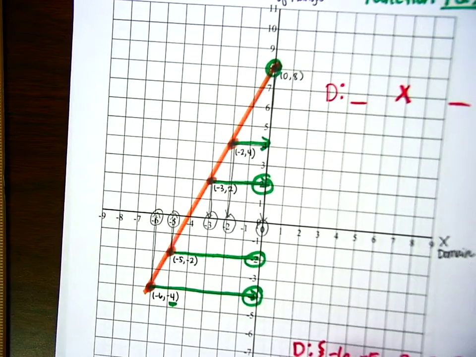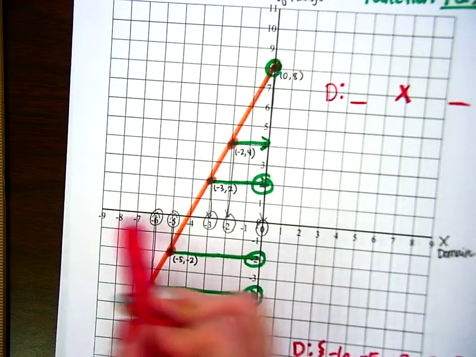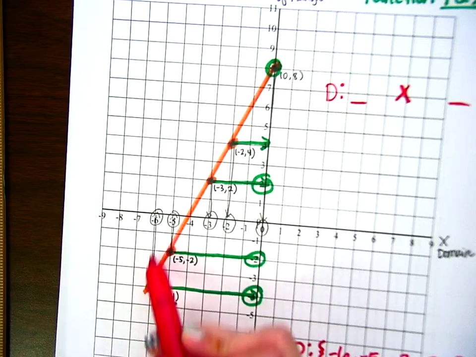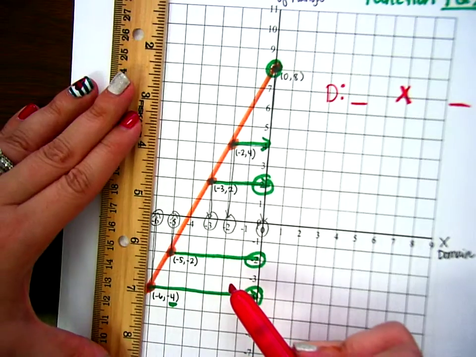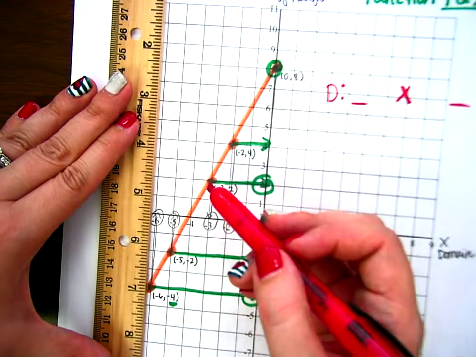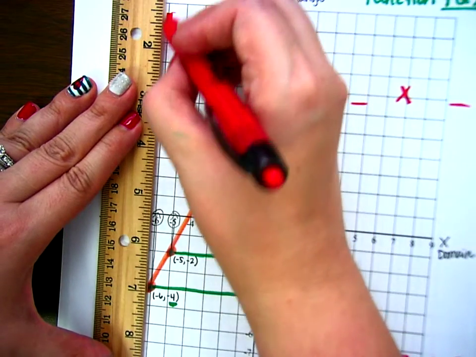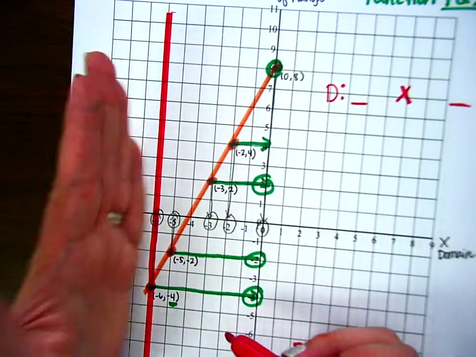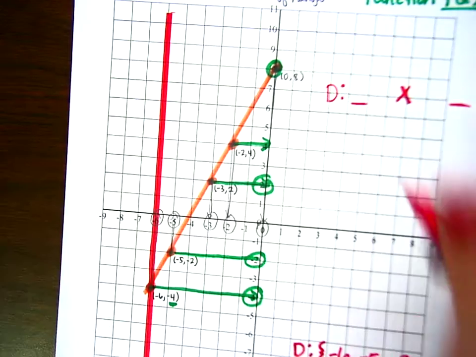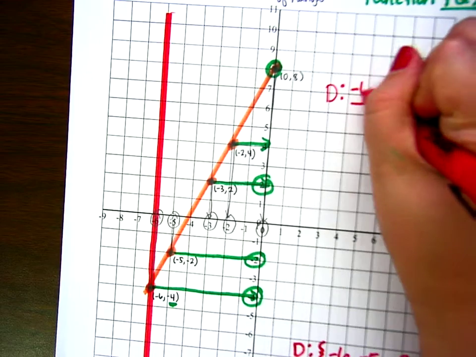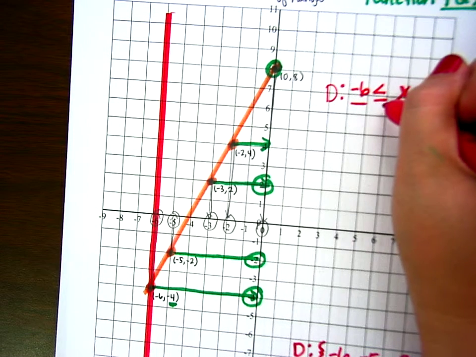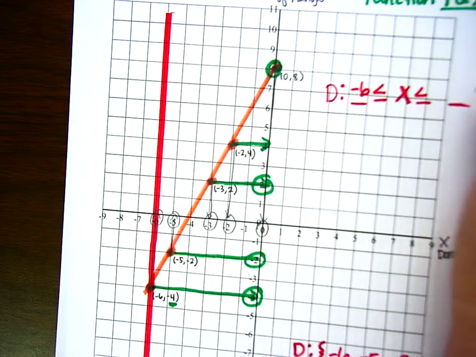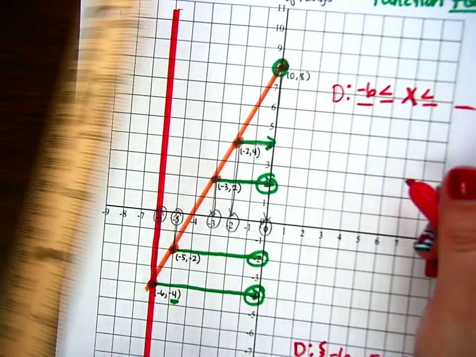Looking at this line and looking at the x-axis, my smallest x value was here at -6, okay? So I'm going to draw a line here. This is as far left as my line goes at -6. So x is everything that's greater than -6, but it's less than what value? We need our biggest value here to see what x is in between.